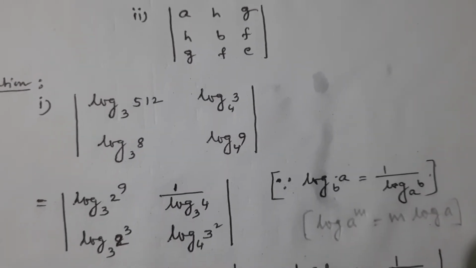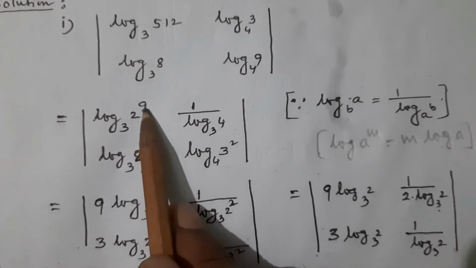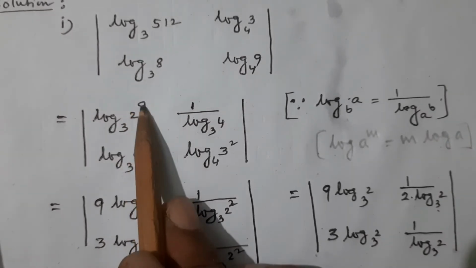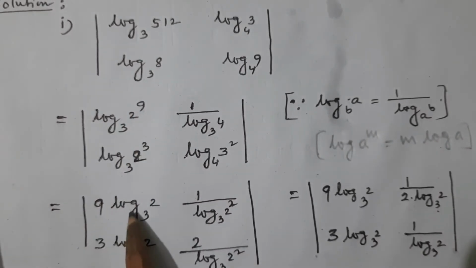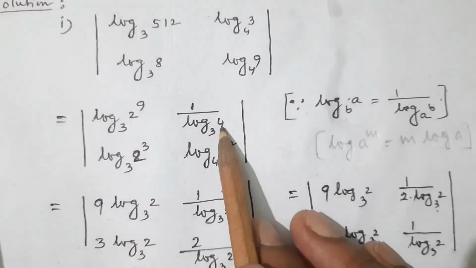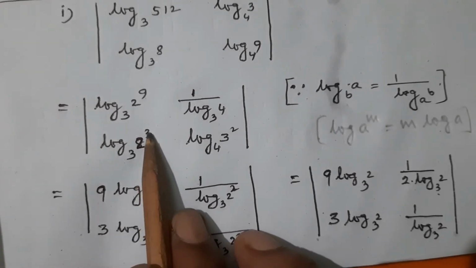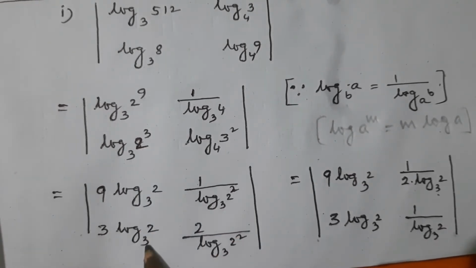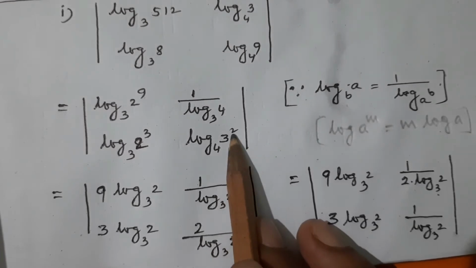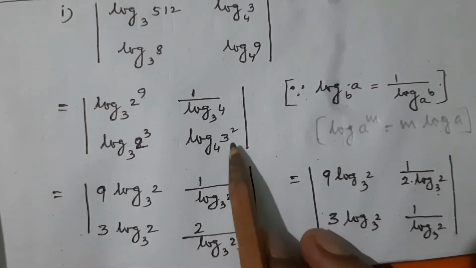Using this formula, 2 to the power 9, 9 comes first: 9 log 2 to the base 3. And 4 can be written as 2 square, log 2 square to the base 3. Here power comes first: 3 into log 2 to the base 3.